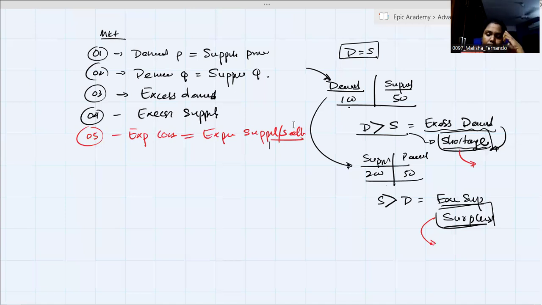The expectation of the sellers is represented by the supply price. If the supply price equals the demand price, that means the expectation of the consumer and the expectation of the supplier are equal, together as a mutual agreement. So the expectations are similar, right?